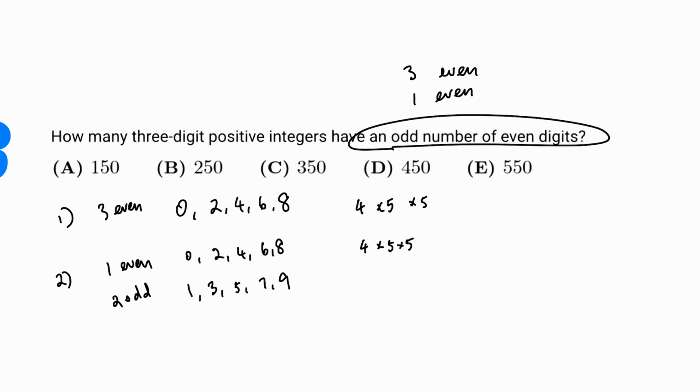If, however, the second digit is even, then it has 5 possibilities because it now can be 0. So that's 5 times 5 times 5. And the last is also 5 times 5 times 5. The underlined digit is going to be even.